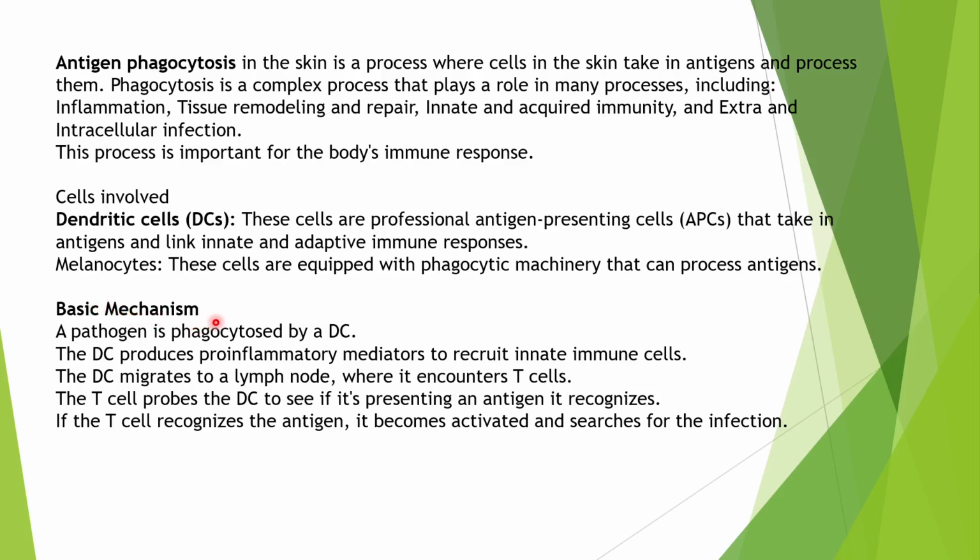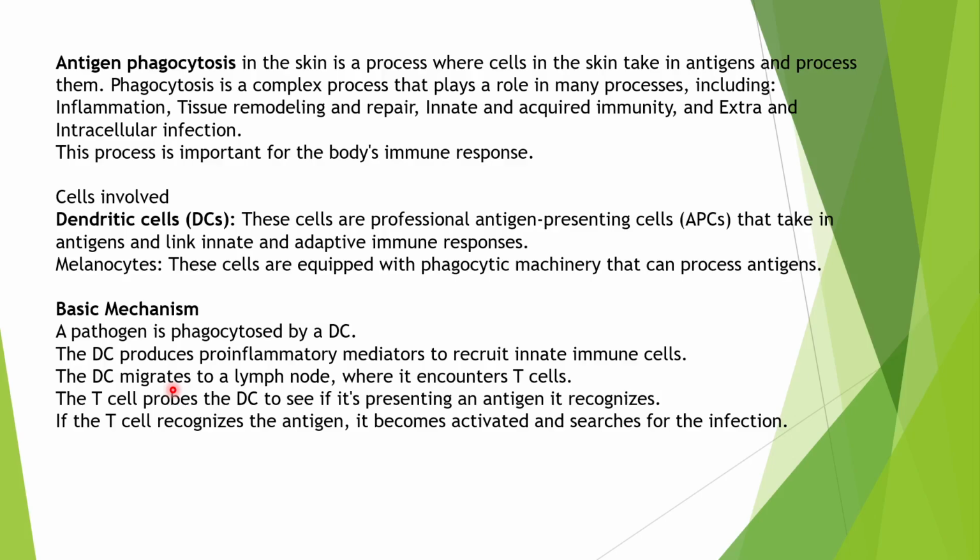The basic mechanism behind this is that a pathogen is phagocytosed by a dendritic cell. The dendritic cell produces pro-inflammatory mediators to recruit the innate immune response. So your DC cell is the first to take up your antigen or pathogen, and it will ingest it, process it, and expose the antigenic region to the other cells, and now these cells will recognize it and start producing pro-inflammatory cytokines.